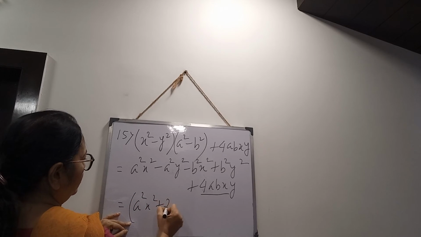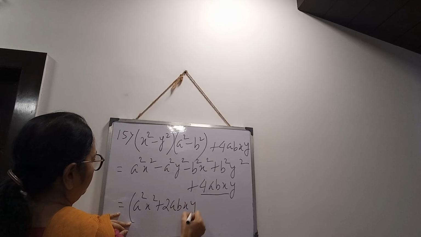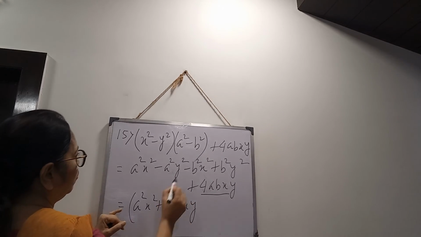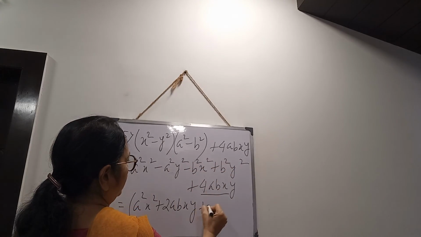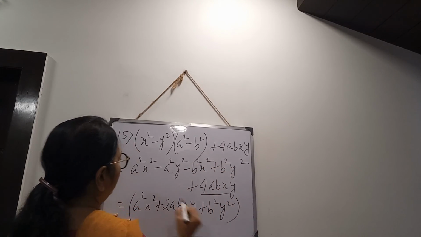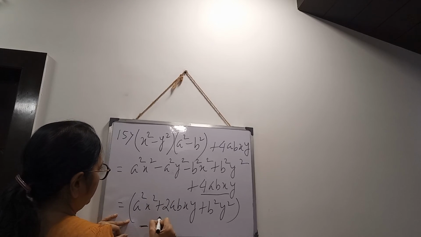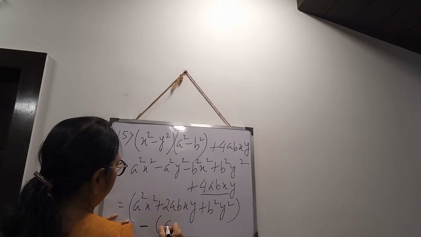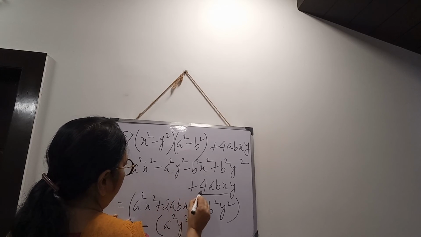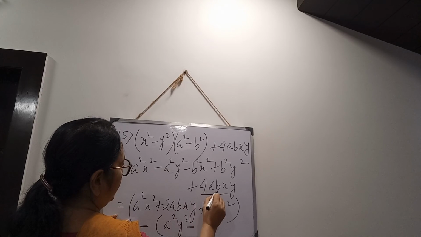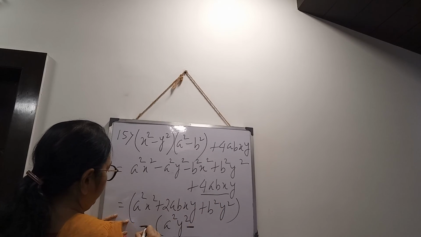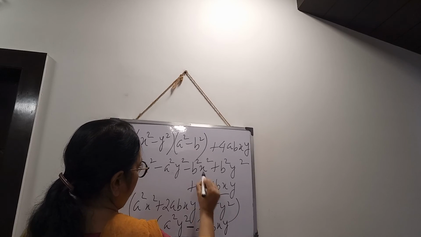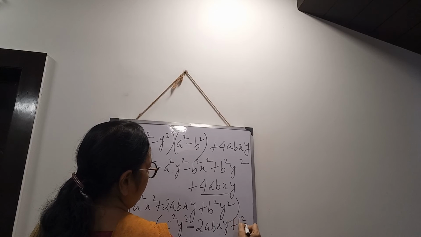Now see, first I am writing. What is needed to make it an a plus b whole square formula? ax is there, and by. So from here you take b square y square with this. Clear? Then there is minus, so minus you take common. Then it is a square y square. Then 2abxy is left; here minus I have taken common, so it is becoming minus, and that is plus.